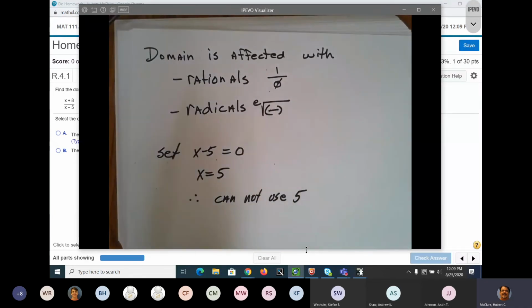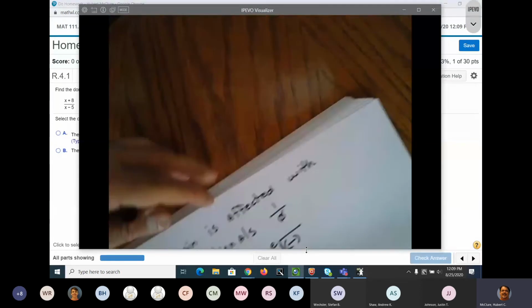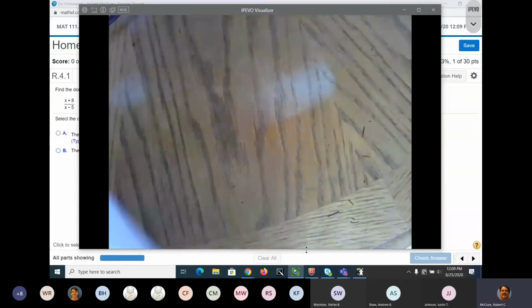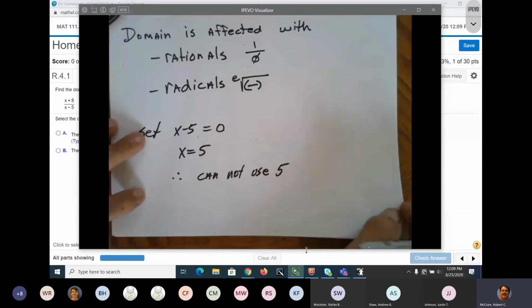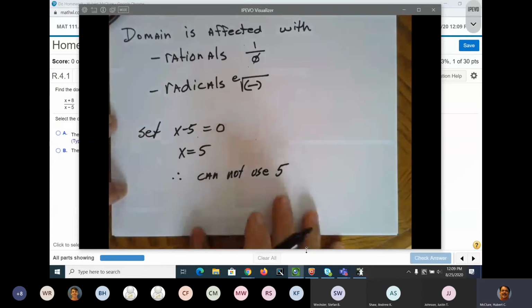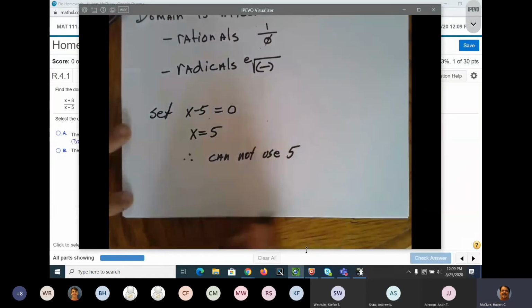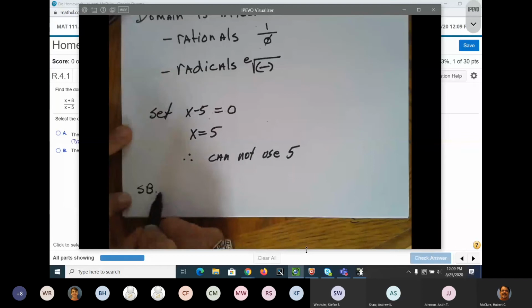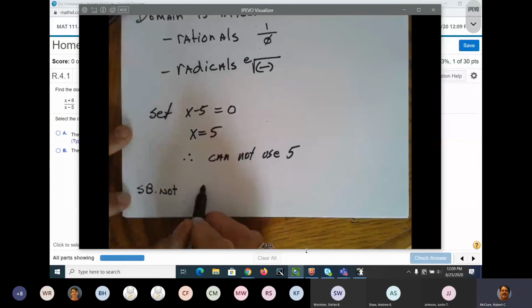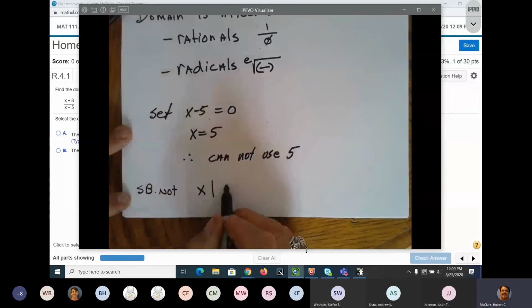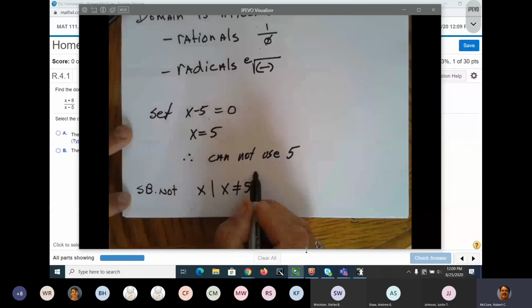If you can't use it, there's 2 ways to write it. One is called set builder notation, and the other is called interval notation. Set builder notation: x such that x cannot equal 5.